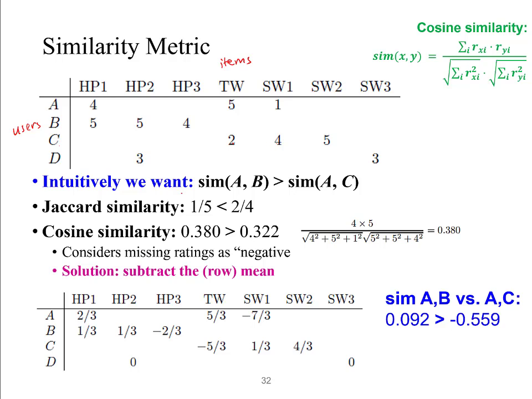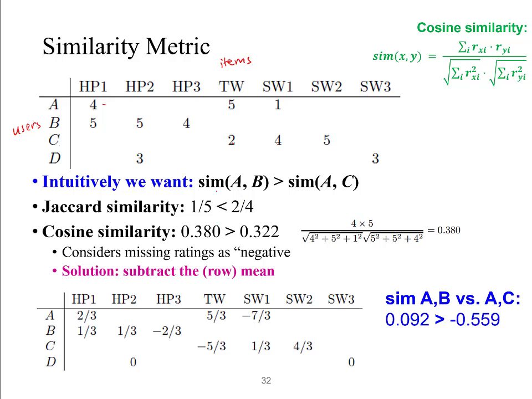But for Jaccard similarity, as you can imagine, here the intersection is 1 and the union is 5, so it's 1 over 5, and here the union is 4 and the intersection is 2, so it's 2 over 4.